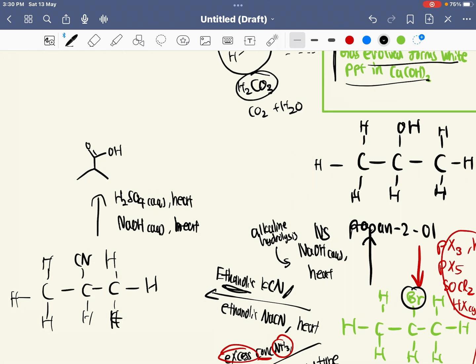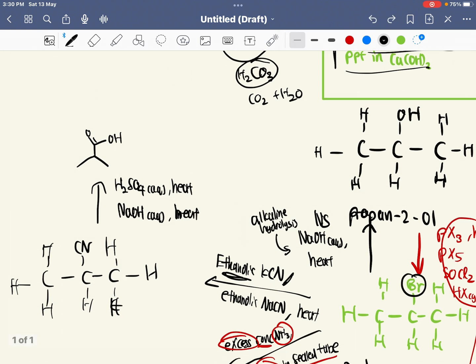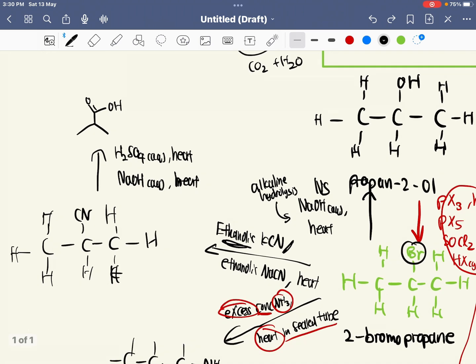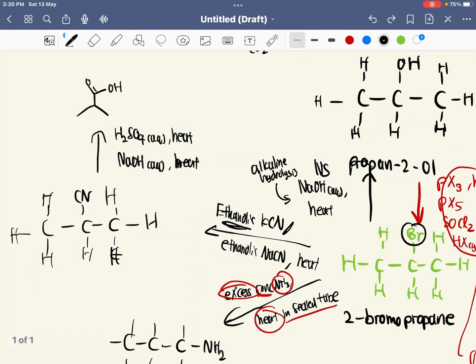Of course the product formed will be different. It will be just O minus instead of the OH. So this is something that we can take note of. It hydrolyzes your CN bond, breaks it, and gives you this product.